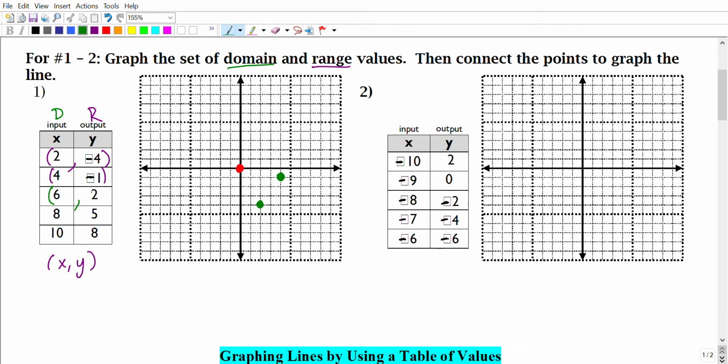Okay, next one, 6 comma 2, so 6 to the right, up 2, 8 comma 5, 8 to the right, up 5, and finally 10 comma 8. So 10 to the right and up 8.